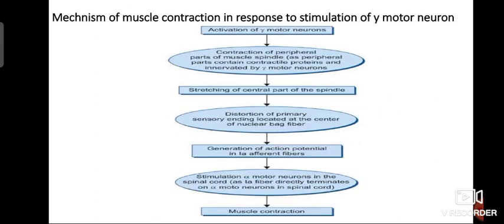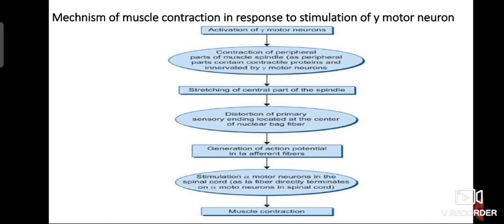Now the second mechanism is muscle contraction in response to stimulation of gamma motor neuron. First, the activation of gamma motor neuron by the descending pathway. It can cause contraction of the peripheral part of the muscle spindle, as the peripheral part contains contractile protein and is innervated by gamma motor neurons.